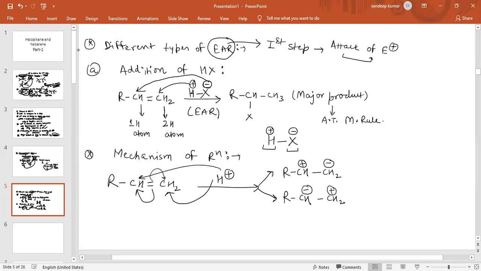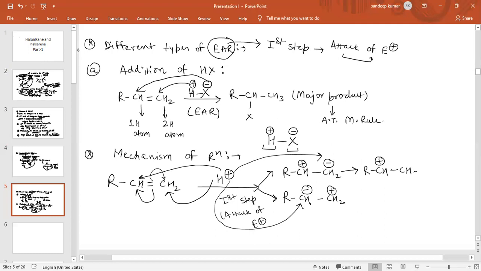In the first step, which is attack of electrophile, this electrophile can attack at this carbon atom, and also at the other carbon atom. So two possibilities of products. One possibility is the carbocation RCH positive and CH3.